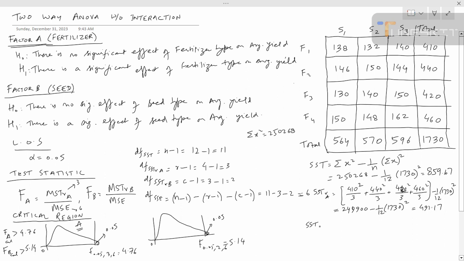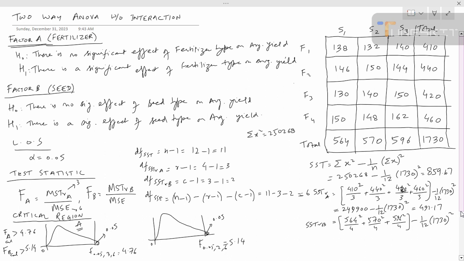Then SSTR of B should be computed as the column totals. So first column total squared divided by this total we have obtained by adding these four values. So when we go for the average, we divide it by 4. Then 570 squared divided by 4. Then 596 squared divided by 4. Take away 1 upon 12 times 1730 squared.